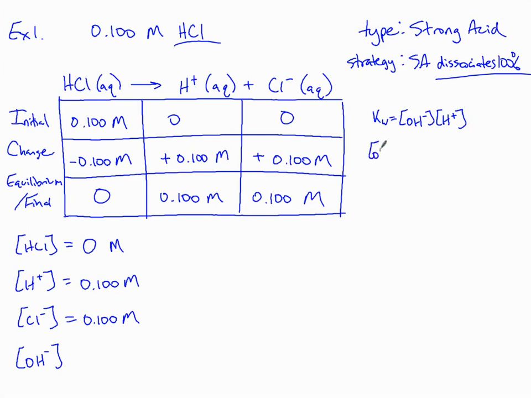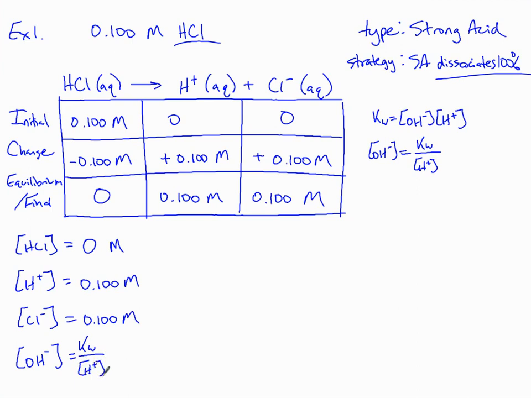And so we want hydroxide concentration, and that ends up being Kw divided by the hydrogen ion concentration. So Kw divided by the hydrogen concentration.